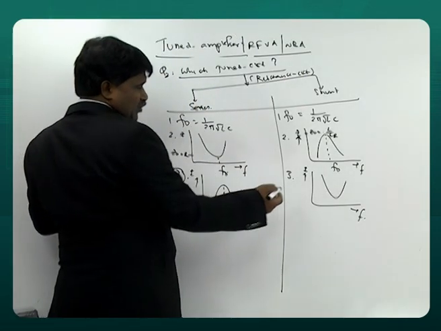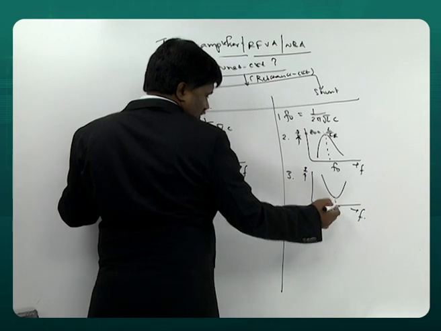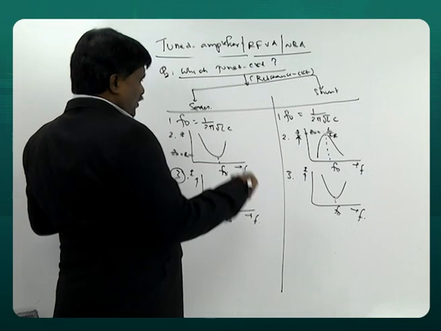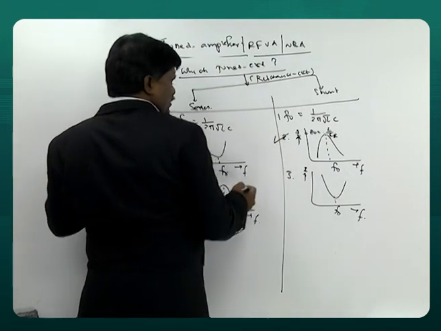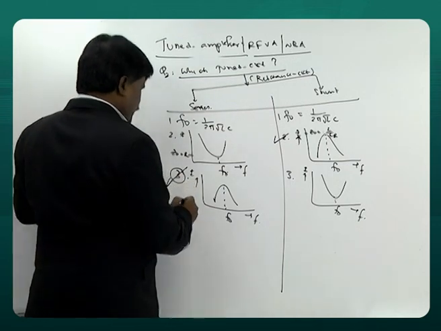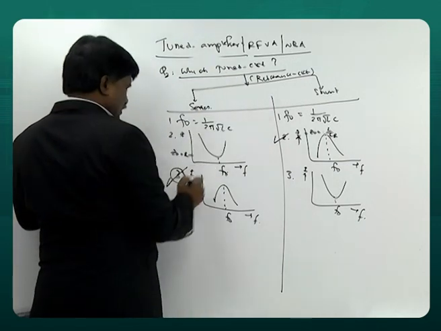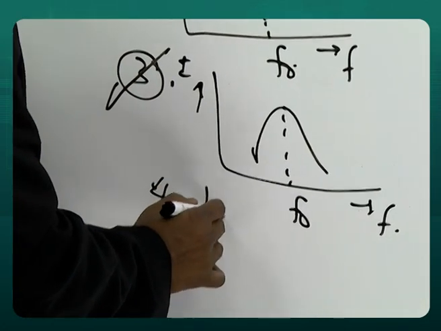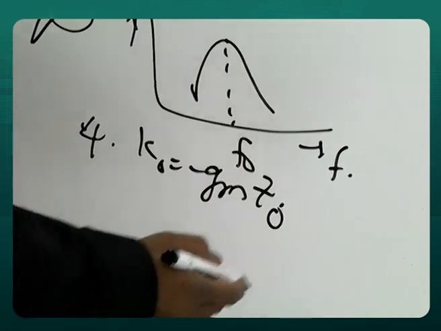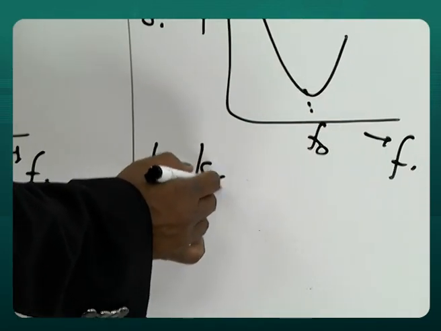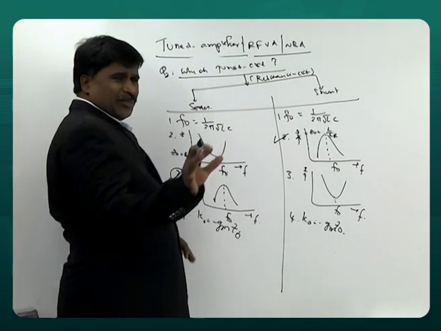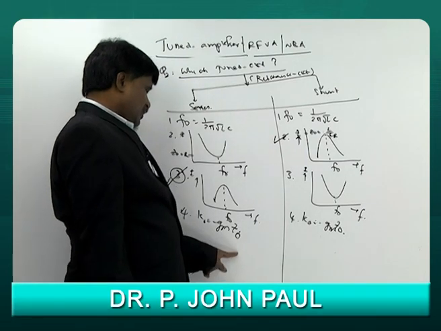Then comes the question, which one is good? More impedance is good or more current is good? Wherever more impedance is required, this is good. Wherever more current is required, this is good. But the point is, when we use this in amplifiers, we talk about gain. K0 is minus GM Z0. In any amplifier, GM into load, the load is at Z0.